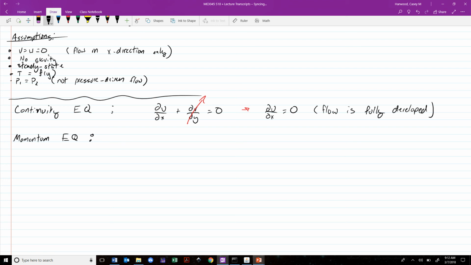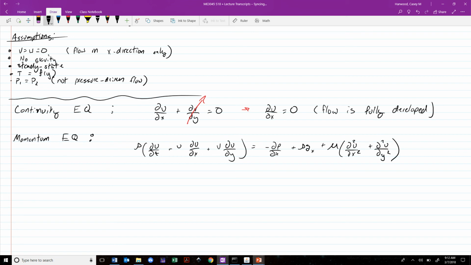So the x component of the momentum equation is going to look like rho (du dt plus u du dx plus v du dy) equal to negative dp dx plus rho g_x plus mu (d squared u dx squared plus d squared u dy squared).